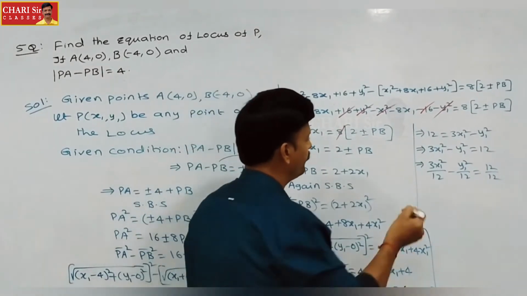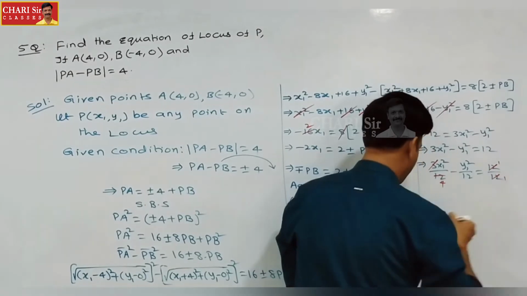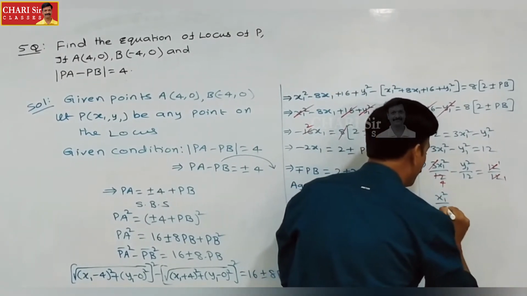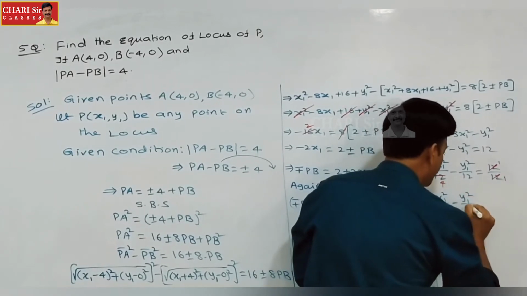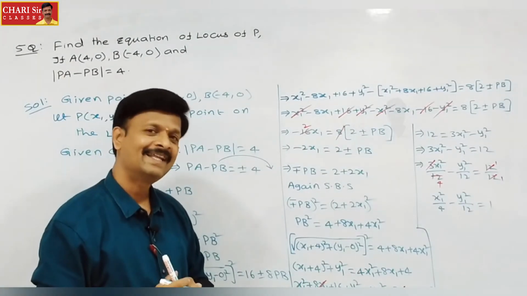Now 3 and 3, 4 times 12, and 12 one time. So this becomes x1 square by 4 minus y1 square by 12 is equal to 1. This is not the answer. What is the final answer?